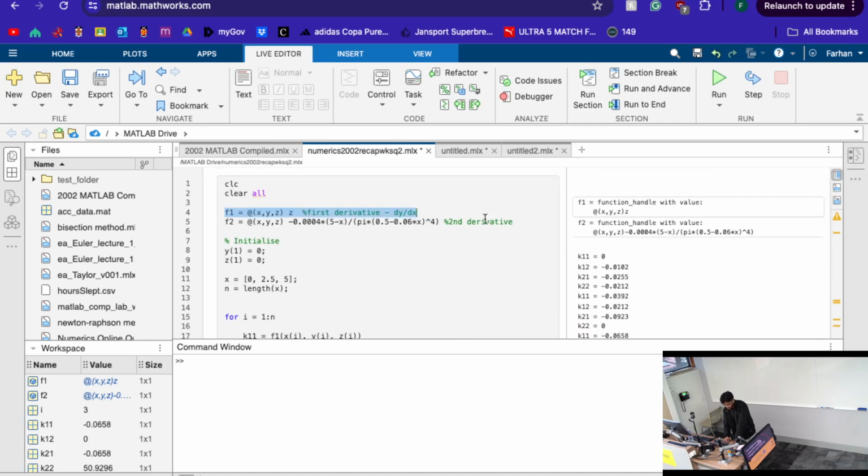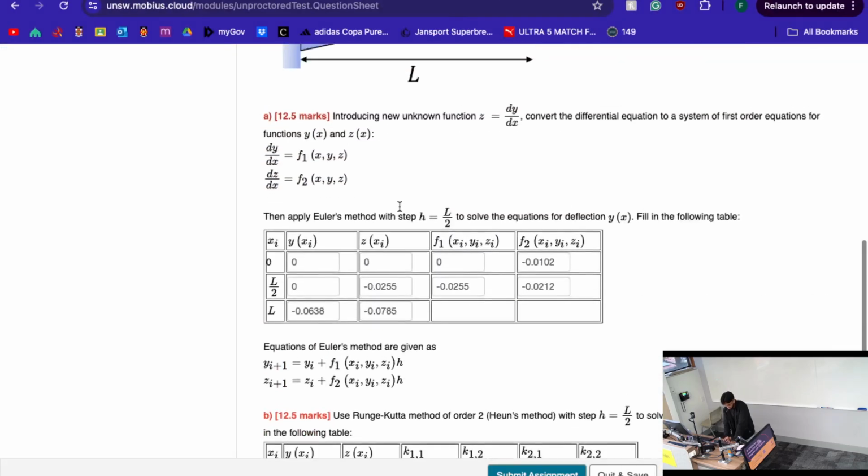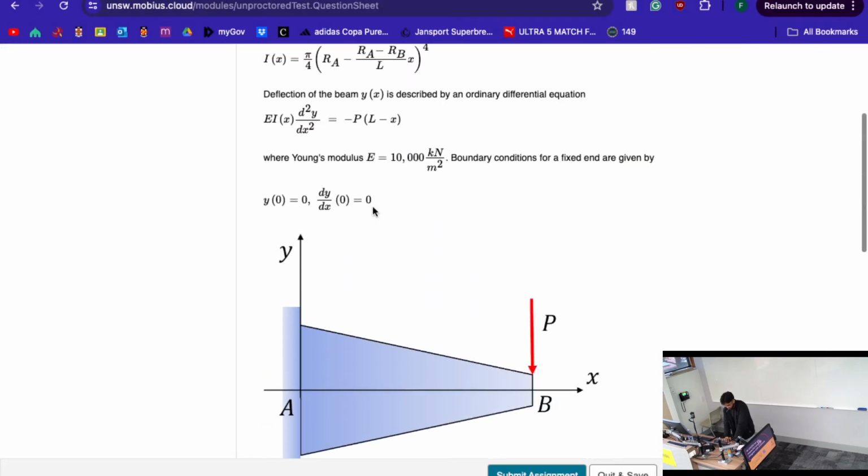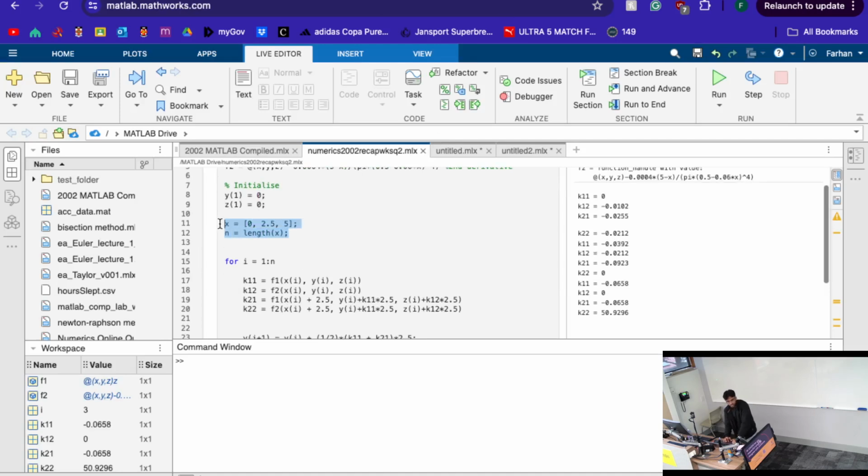Okay, so up here, I'm just writing up the equations. That's pretty simple, right? Then we've got to put in our initial values, straight from here: z of 0 and y of 0. Next, I'm going to make an array for x.